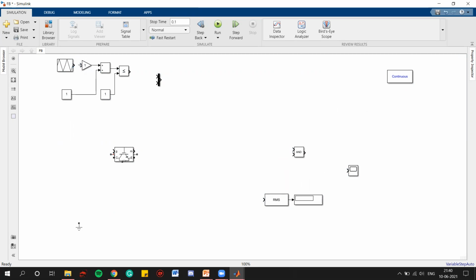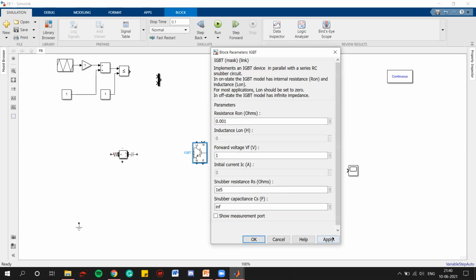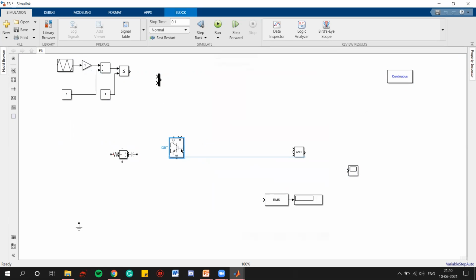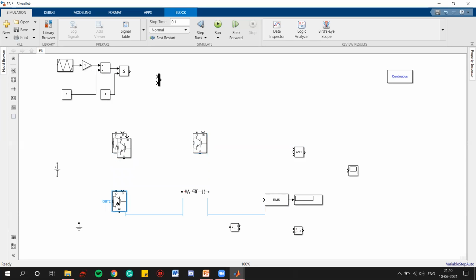So I'm making our controlling circuit. This is an IGBT. Let's open this, delete this measurement port. This is the current measurement, voltage measurement. This is the load, and this is the main DC supply. Right. So let's take 4 IGBTs. Let's connect them.